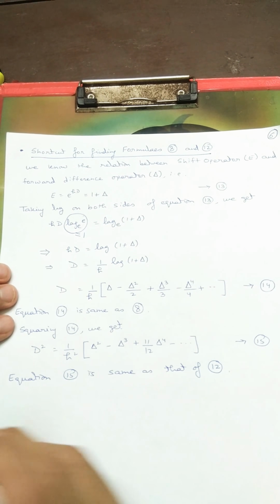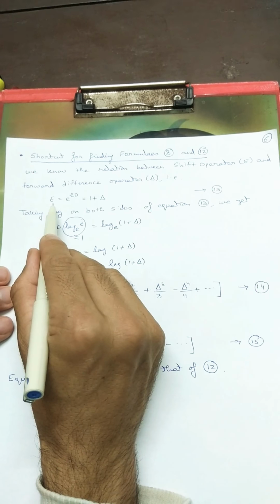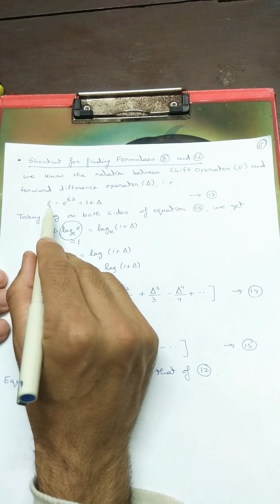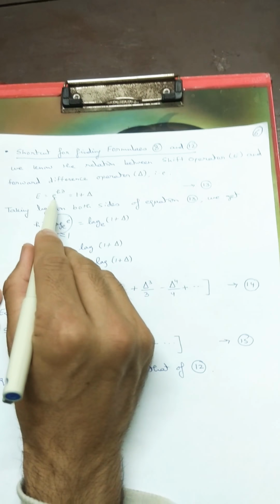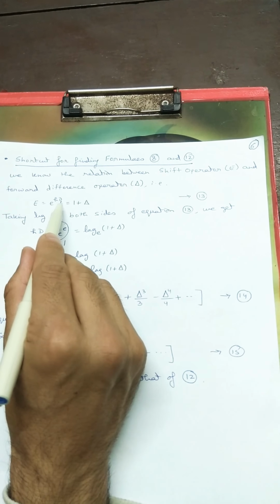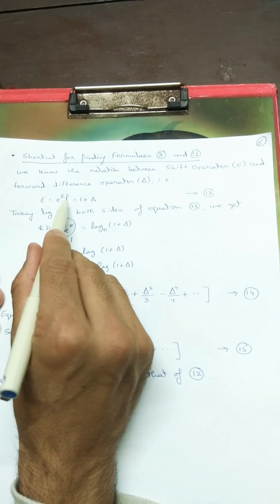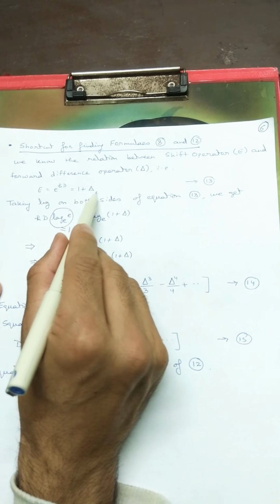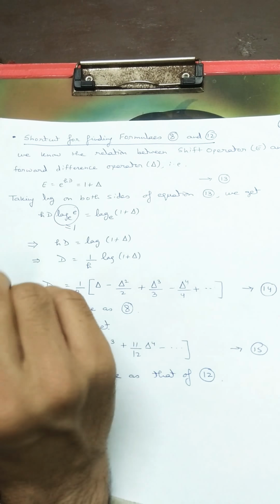So we have studied that capital E, which we call a shift operator, is equal to exponential raised to the power hD. H is step size. D is a differential operator, which is equal to 1 plus delta, forward difference operator.